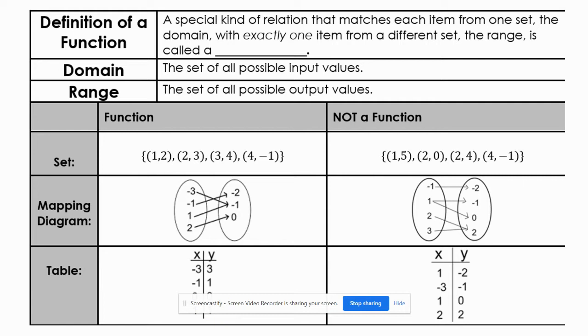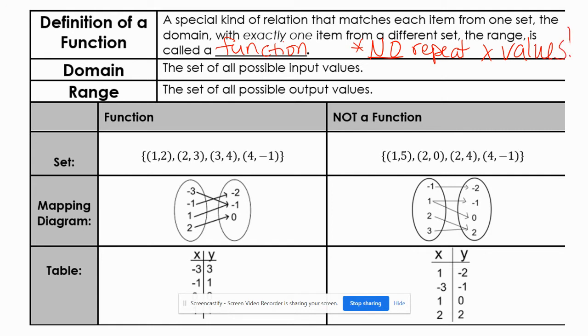But a function is a special one where each item from one set, the domain, is matched with exactly one item from a different set, or the range. This is a function. So in a nutshell, there should be no repeat x values.